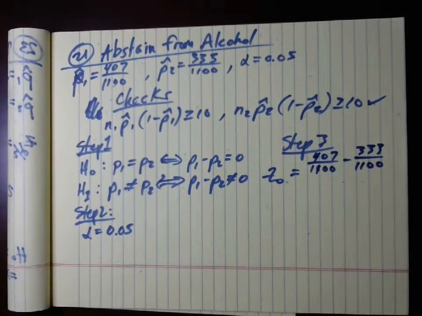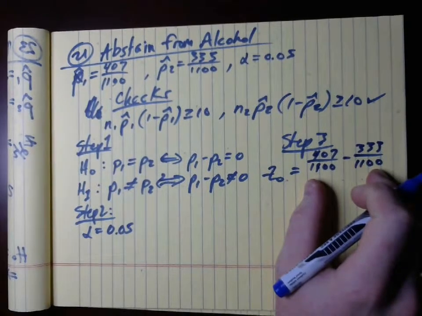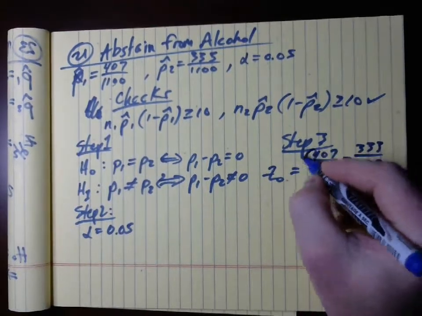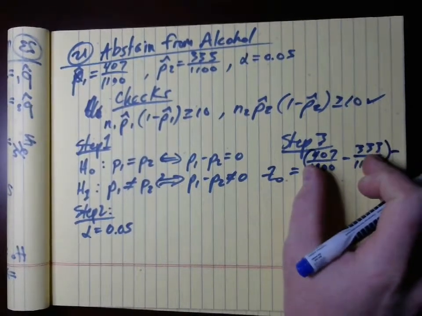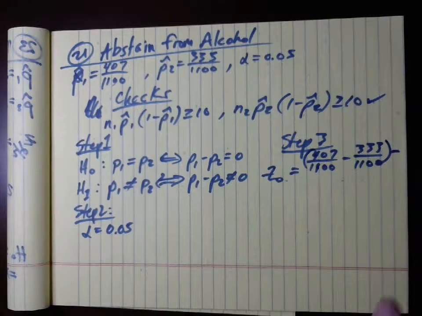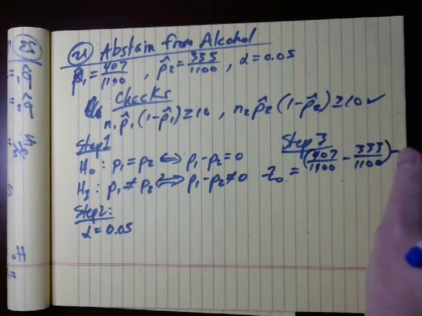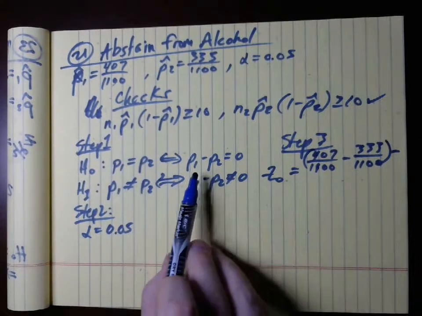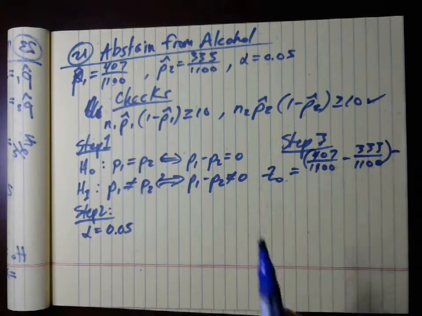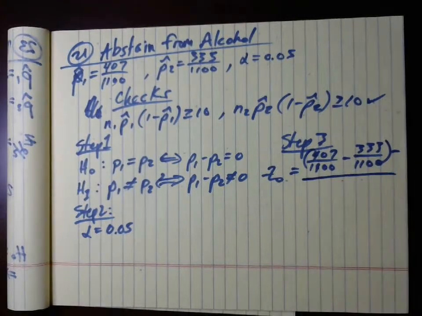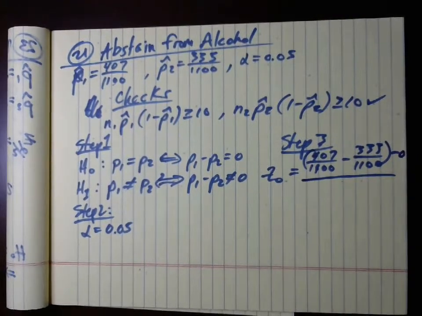Notice that you'd take this and subtract the population part, the claimed value of P1 minus P2, which we usually put over here. But the claimed value of P1 minus P2 is 0, so we'd just be subtracting 0. So it's just P hat 1 minus P hat 2. There's no need to ever use that, and we'll notice that's the same thing for the mean when we get to that.